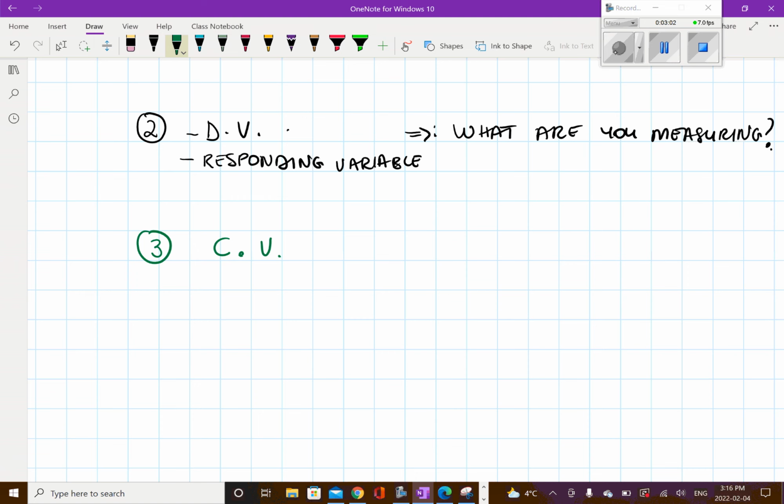Okay, so let's suppose that we have an experiment, or a study that you are doing, in which you are finding if different tire treads affect the braking distance of a car, or what effect tire treads have on the braking distance of the car. So in this experiment, what you are changing is the type of tires.